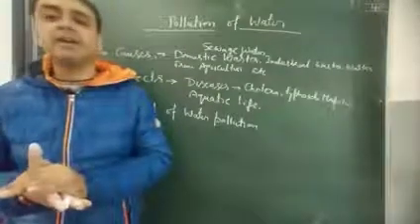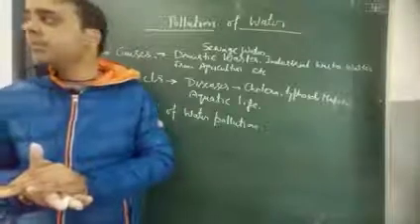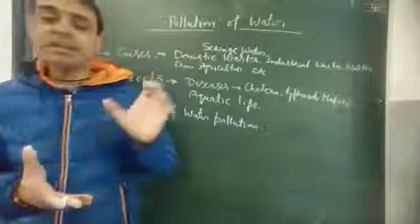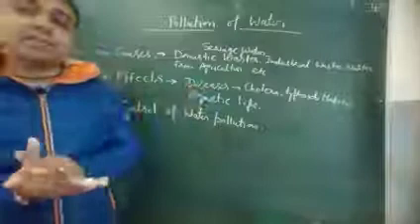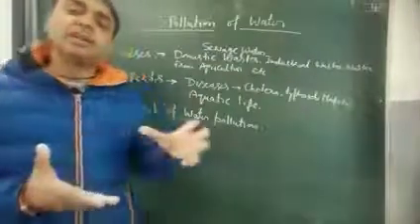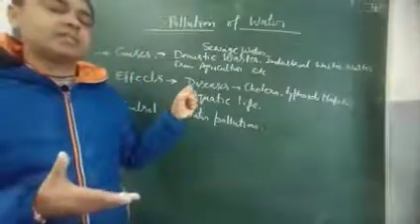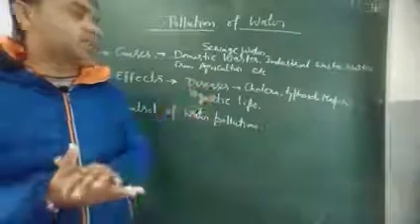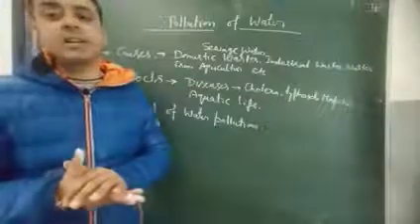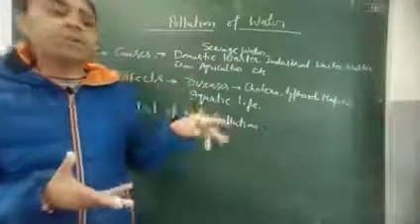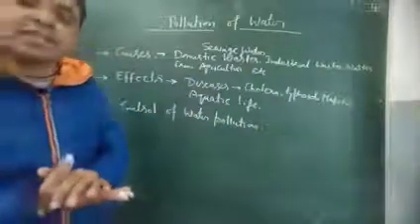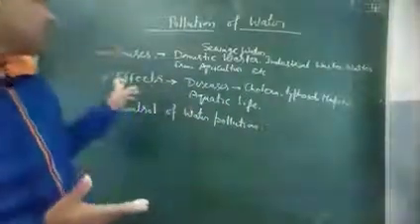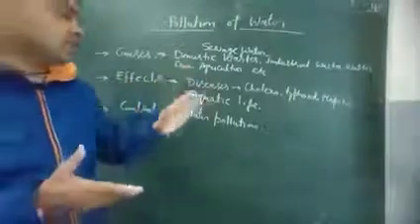When these chemicals start to grow there, they consume all the oxygen present in the water and make the water impure for living as well as for any other purpose. So these are the different harmful effects of water pollution.